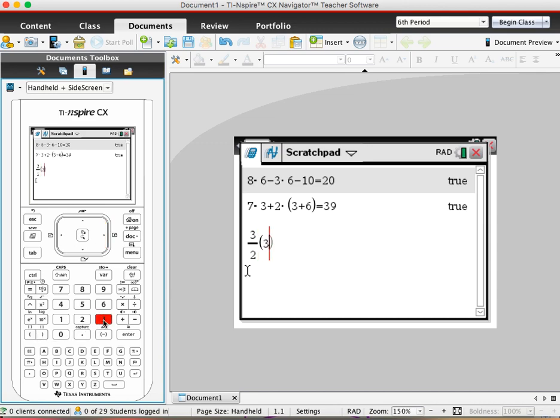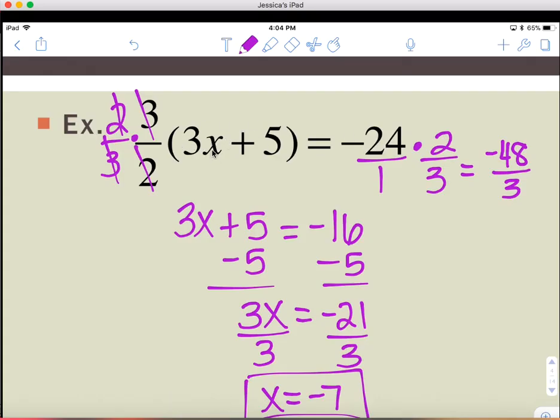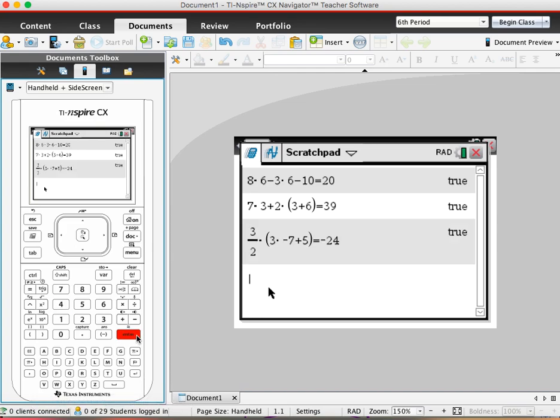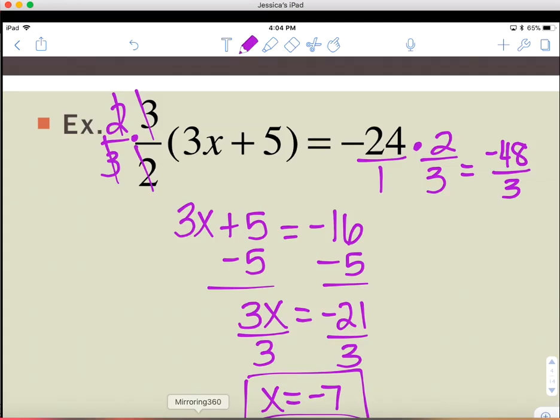And remember, instead of x, we are plugging in our answer, which is negative 7. And then we're going to set it equal to negative 24. So I typed this straight in like the original was, but instead of x, I now have negative 7. When you hit enter, the calculator will tell you that that is true. So we did that correctly.